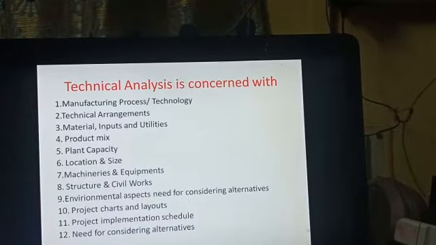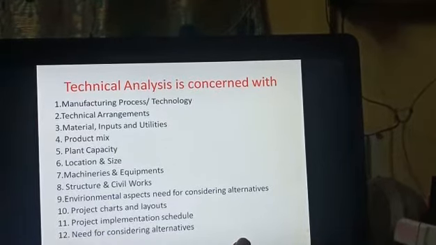Eighth is structure and civil works. Ninth is environmental aspects. 10th is project charts and layouts. 11th is project implementation schedule. And 12th is need for considering alternatives also. So this is a very lengthy topic and we will study one by one.